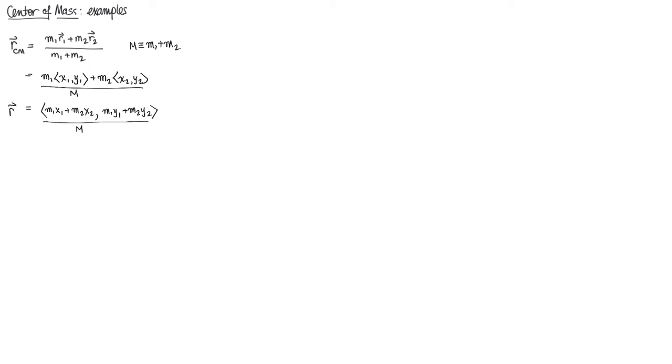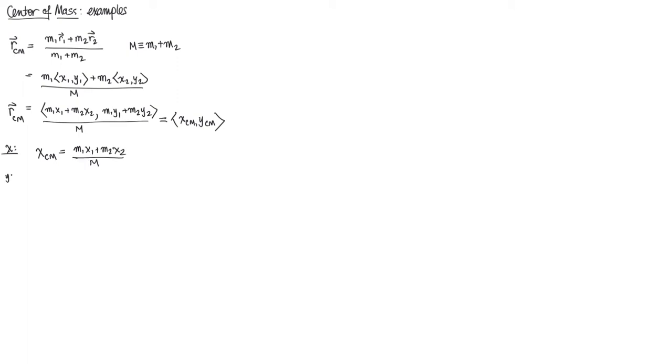So this is a vector equation that you can break out into two separate equations. Those two equations would be easily identified if we think about the position of the center of mass as the x and y coordinates of the center of mass. Then we get two equations, one in the x direction and one in the y direction. In the x direction, the x center of mass is m1 x1 plus m2 x2 over the total mass.